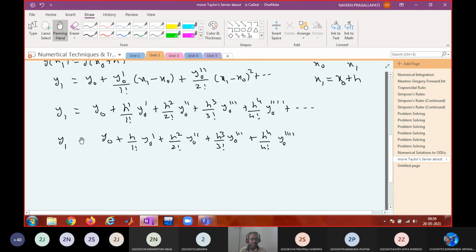Equality holds when you add infinite terms. So what should I write here? It is not exactly equal to, but approximately equal to.